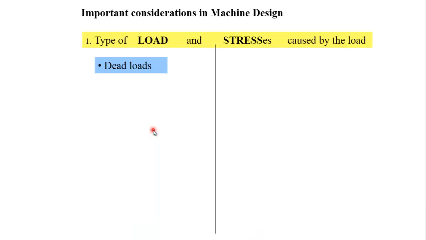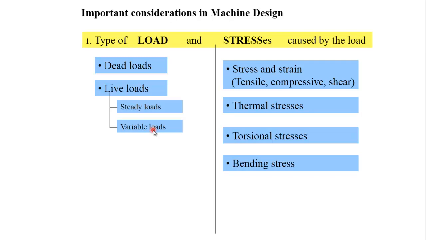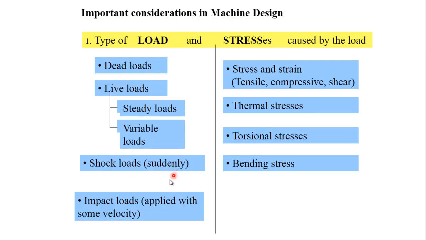Now, what are all the considerations for machine design? What are the factors that you have to consider? You have to consider the type of load and stresses acting on that particular machine. Any load that is acting will cause some stress on the machine. So first and foremost, you have to consider what load is acting. Is it steady load or variable load or shock load or impact load? The application of that machine will determine the loading condition.